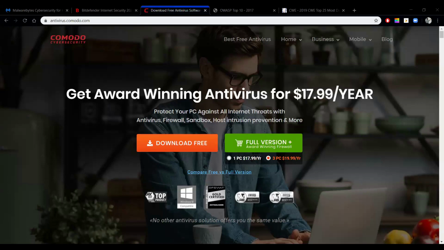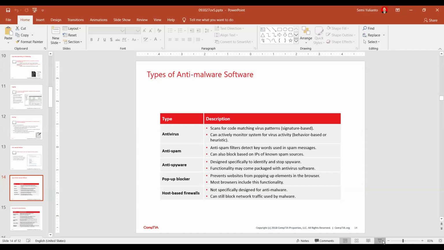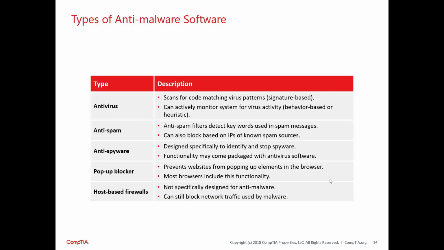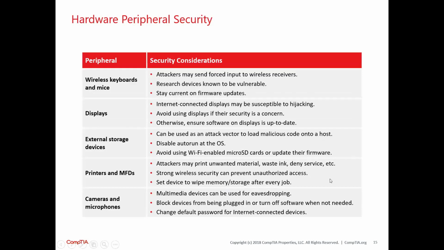So let me get back to my presentation. And how about hardware peripheral security? Peripherals include wireless keyboards, your display monitor, external storage devices, printers, as well as other types of memory, then cameras and microphones.